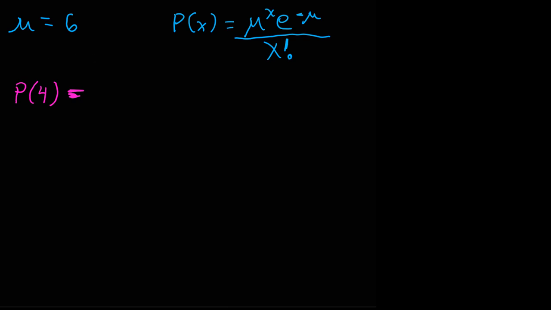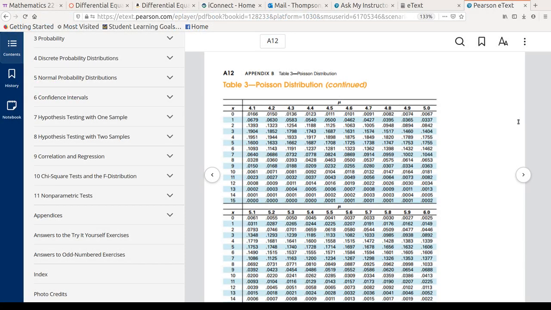And so if you go to Appendix B in the book, on page A12, you get the Poisson distribution. And across the top in the columns, you have the mean. So if we look at our mean of 6, we come down until we find our x value, which is 0.1339. Let me get this showing up on the browser here. There we go.